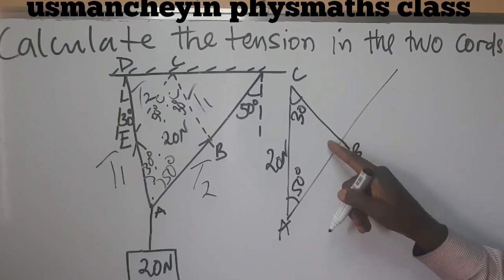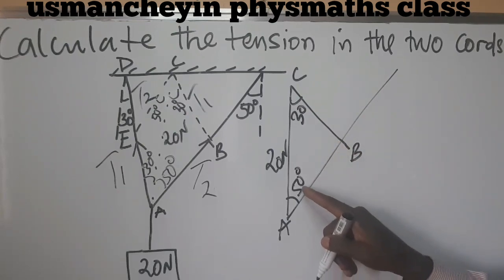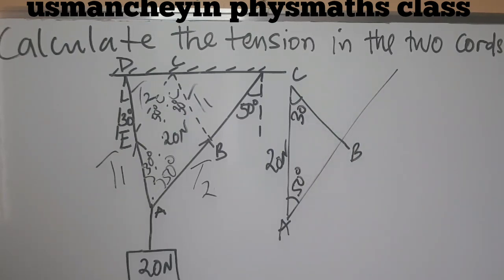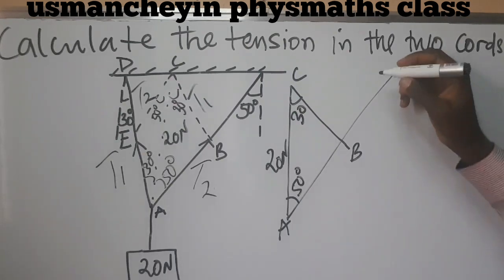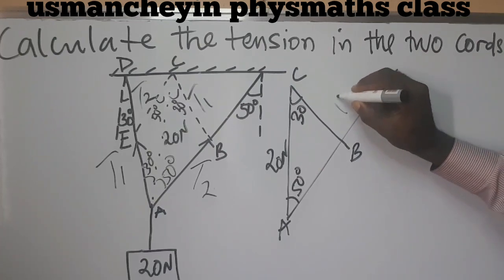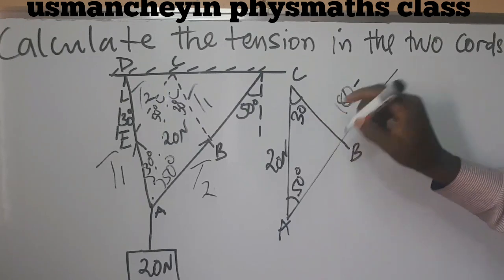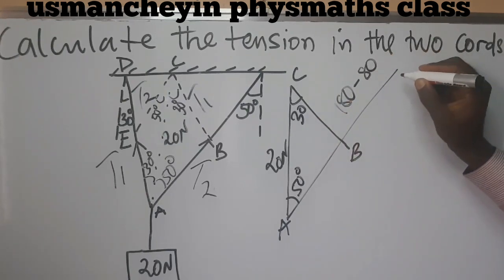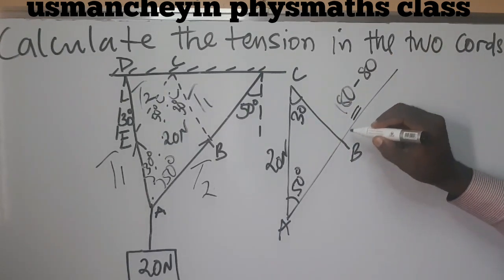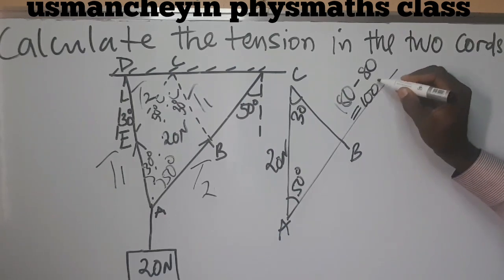And to get angle B, just subtract 50 plus 30 from 180, because the sum of the angles in a triangle is equal to 180 degrees. What I mean here is 180 minus (50 plus 30) will give us 100 degrees.